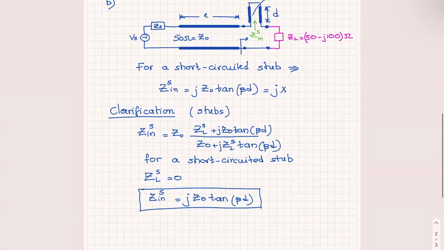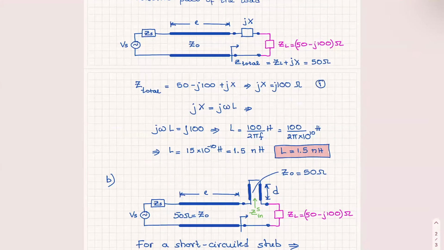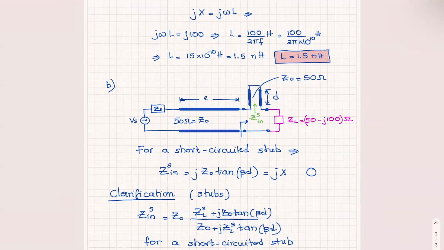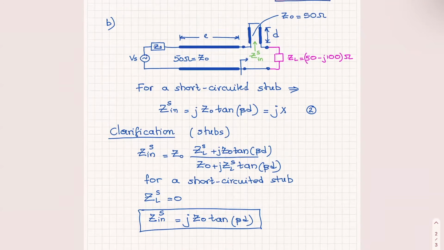Okay, and therefore from 1 and 2. Wait, so a short-circuited stub has 0 impedance? That's not 0. Z in S. Oh, the right above it, ZL of stub. ZL is 0, the load. It's shorted, that's because there's no current, right? ZL of S means the load of the stub here.